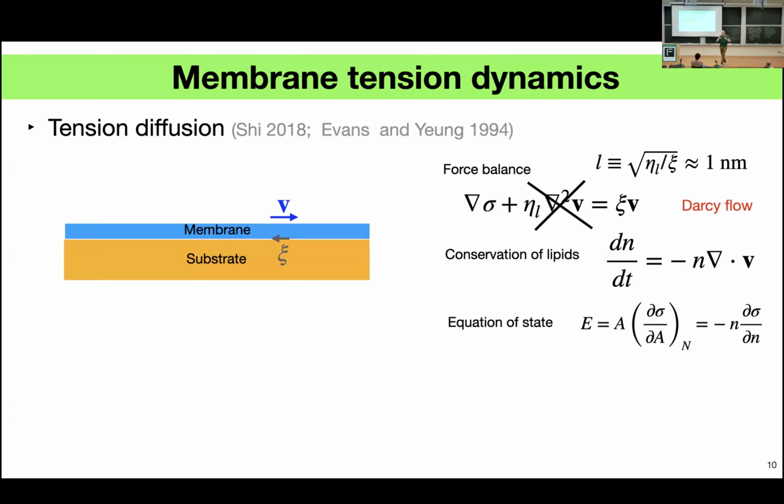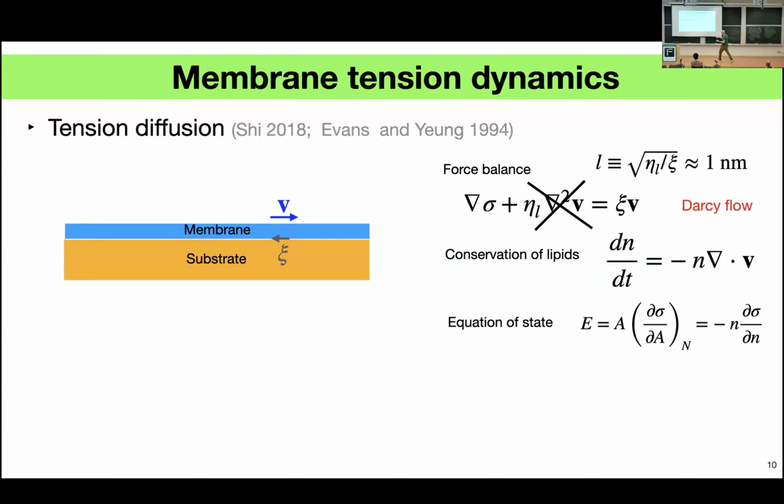And then a key point is that even though we're in a dynamic situation, looking at a membrane that's flowing, the local equilibrium hypothesis comes to the rescue, where we assume that we still have a local equation of state that connects the tension and changes in the area of a given patch. Just think of it as the projected area. This is the definition of what I could call E, a stretch modulus.